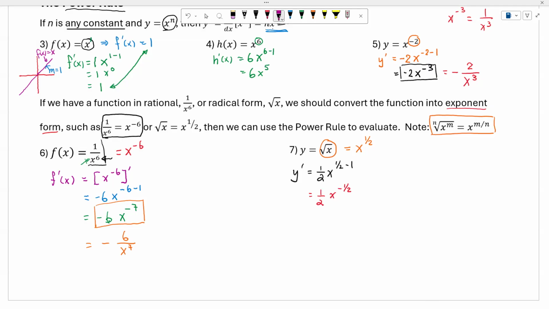Now, again, let us rewrite this with a positive exponent. So I will have 1/2 multiplied by 1 over x to the 1/2. And of course, I know that x to the 1/2 is square root of x, and my answer will be 1 over 2 square root of x.